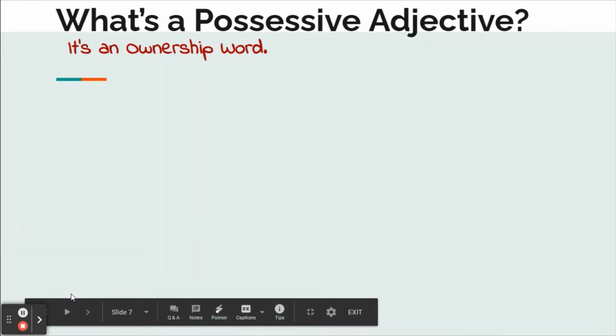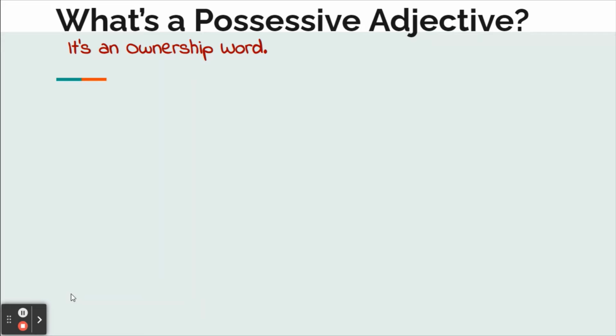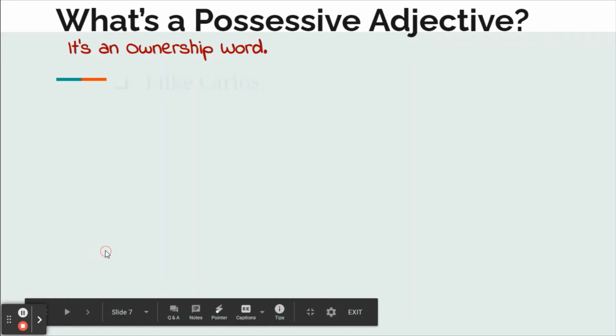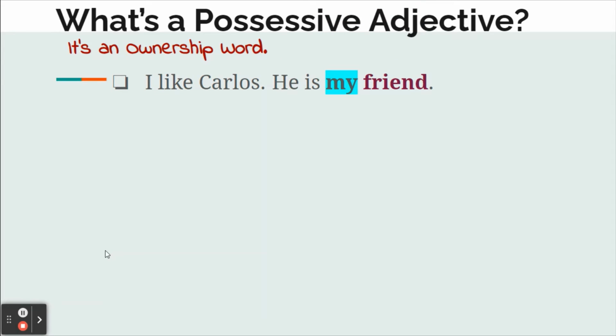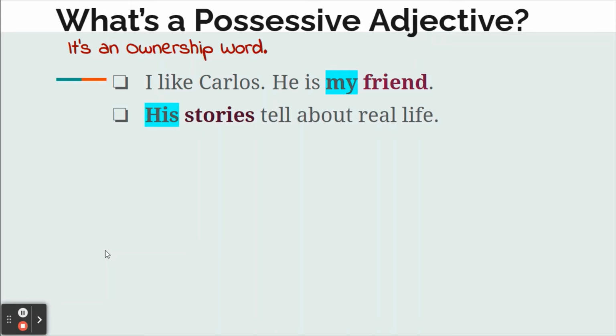Let's go ahead and look at a few of the examples here, a few of the things that we can describe. So, for example, I like Carlos. He is my friend, not yours, not his, my friend. Okay? His stories tell about real life. So whose stories?